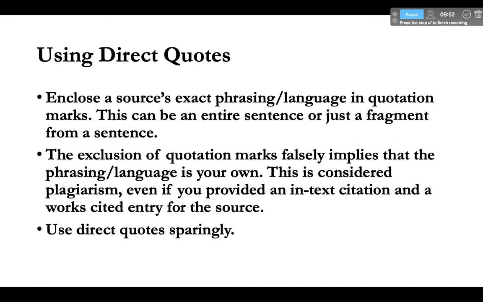An argumentative research paper, as we've talked about a few weeks ago, is your unique argument, and you're using your sources to back your unique argument up. If you're just quoting your sources, that's not very useful for your reader. Your reader can just go ahead and read the sources instead of reading your paper, okay?